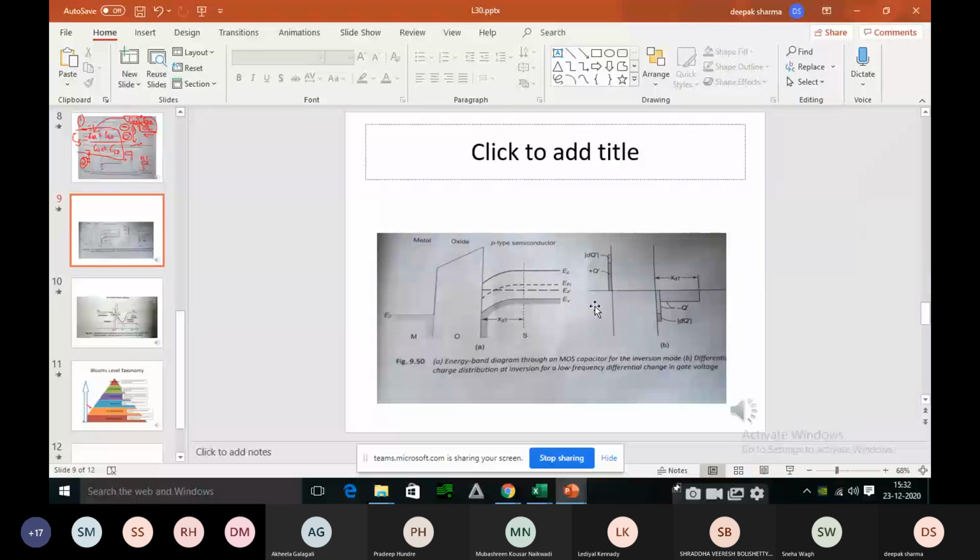And inside also there will be a change in the charge, that is dQ minus. Here it is dQ plus, I guess. Here it is dQ minus, or yeah, I think dQ dash, correct? So this is for inversion mode, right?